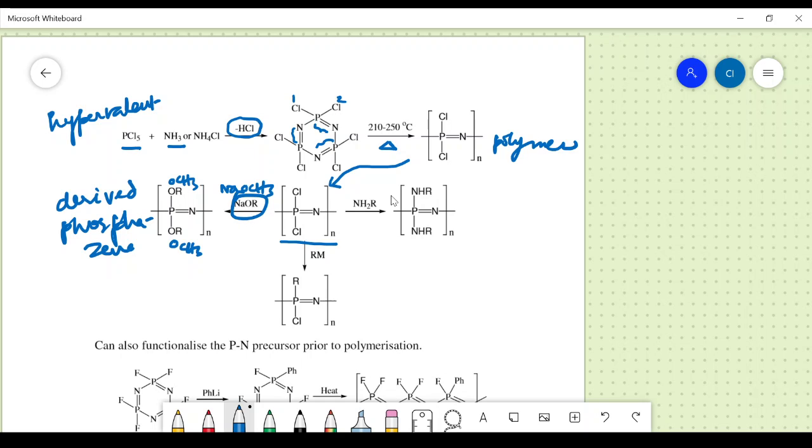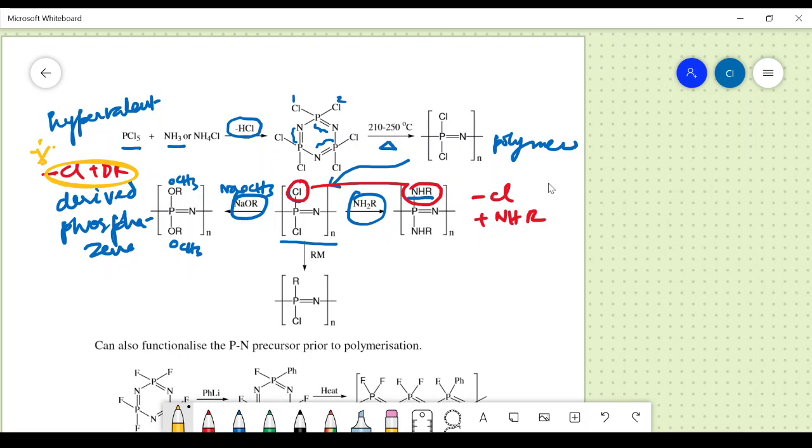Here it is NaOR, and here you can see the amino group RNH2, and there is a direct substitution where Cl is replaced by NHR. So Cl minus, NHR plus here, and here Cl minus, OR plus. These two things you are going to remember. They are very important.